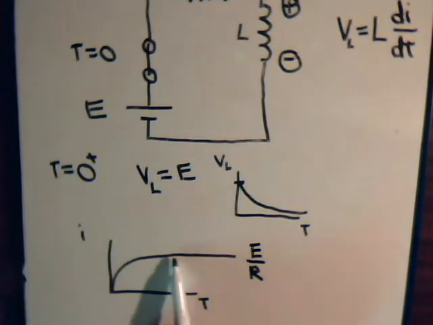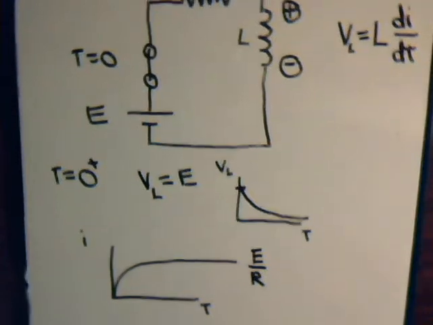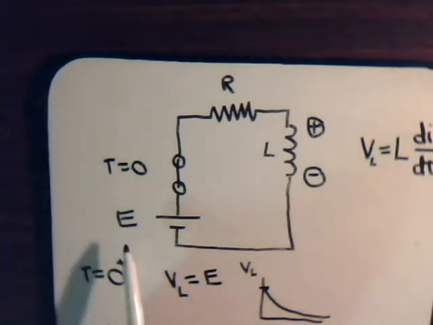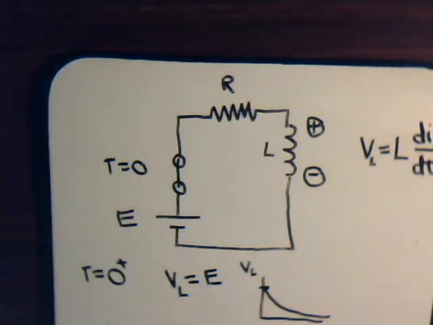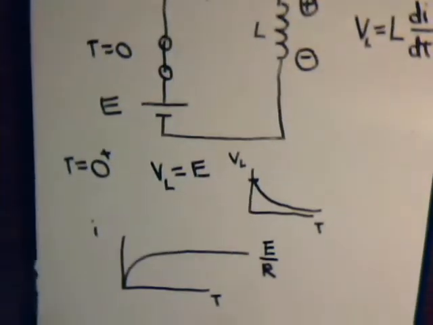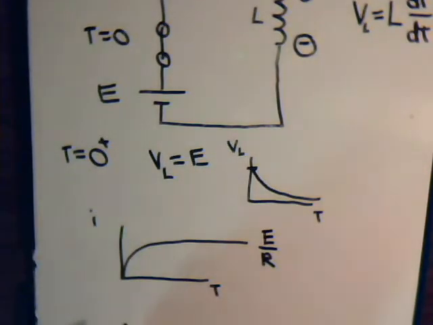Here we are with a steady amount of current going through the coil. It's just a horizontal line, and the amount of that current is E divided by R. But initially, it doesn't change instantaneously from 0 to E over R. It goes through this curve, and the slope of that curve gets flatter and flatter.